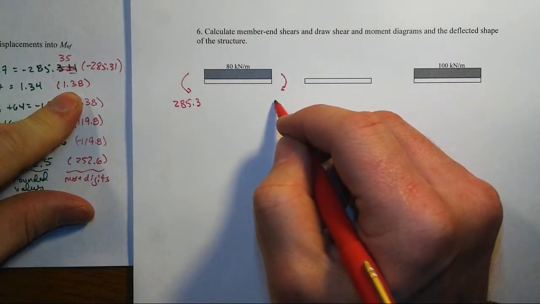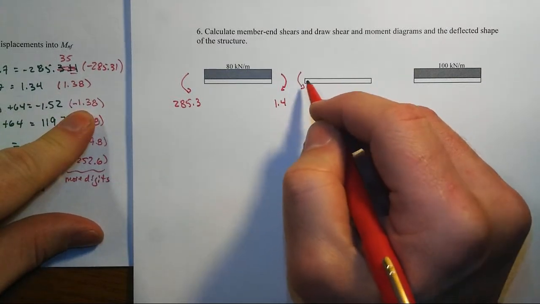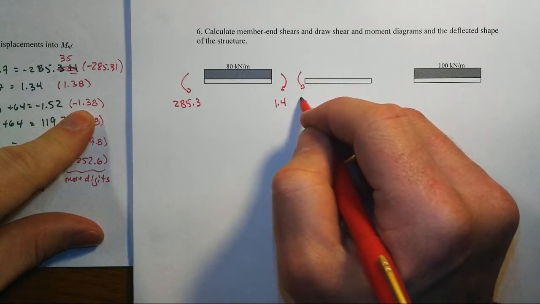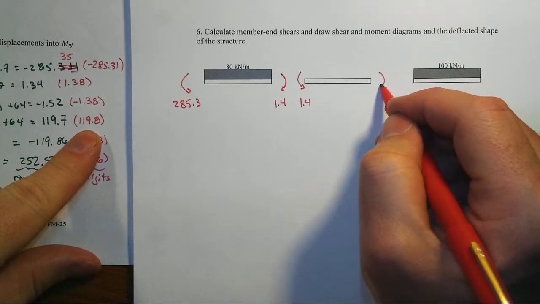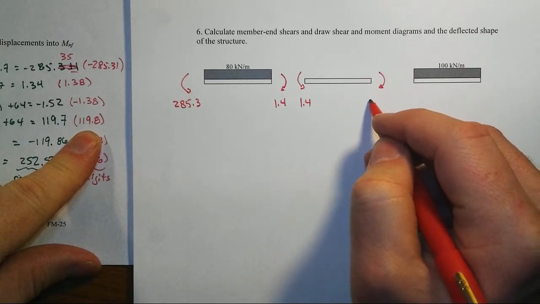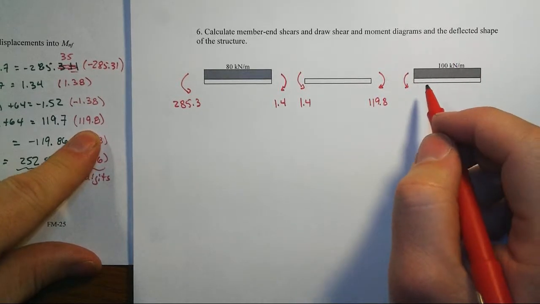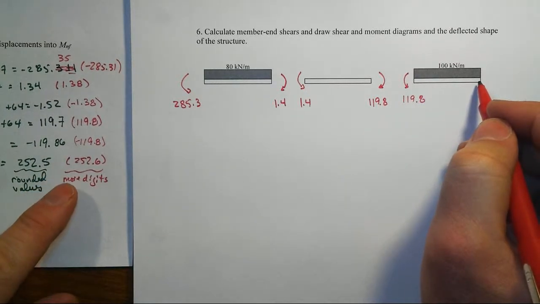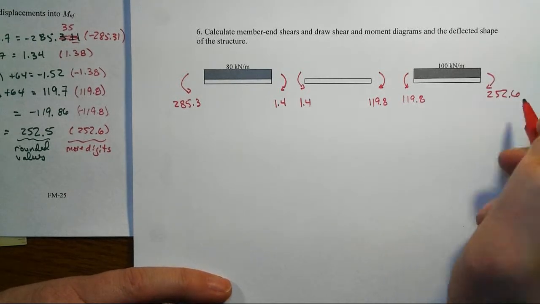We have a positive 1.4 on that end. On this end we get a negative, or a frowny face, counterclockwise, also 1.4. At the far end we get a clockwise or positive, which becomes a frowny face on the other end, at 119.8, and then finally 252.6 on that end.